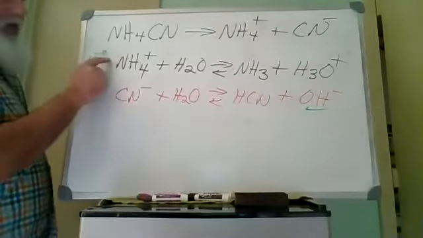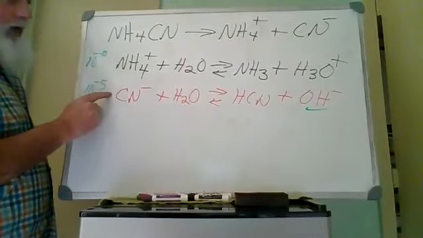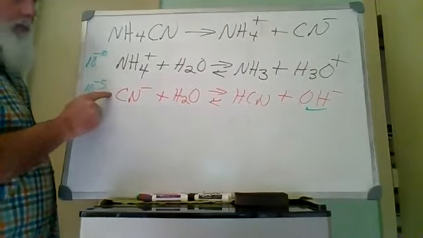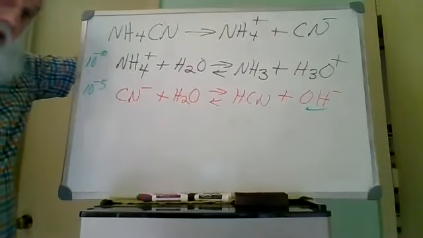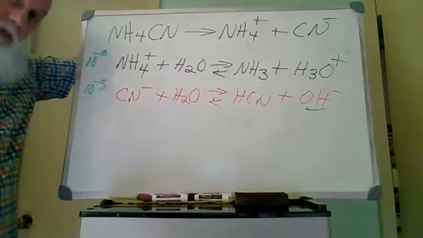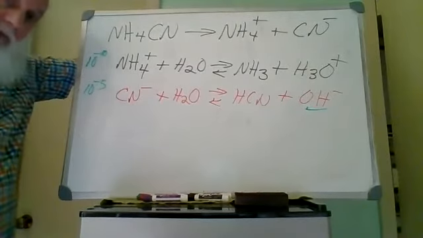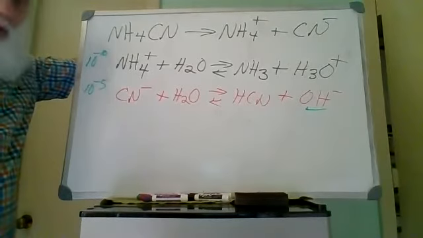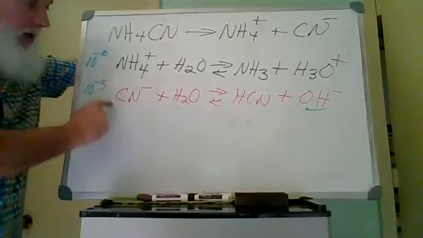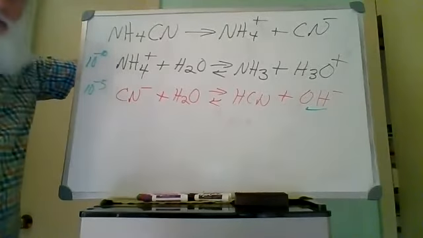Where do we get the Ka for this reaction? Where do we get the Kb for this reaction? Because in our tables of Ka and Kbs earlier in this chapter, there was a table for Ka of weak acids and a table for Kb of weak bases. But they were all neutral molecules. These are not neutral, they're charged chemical species.